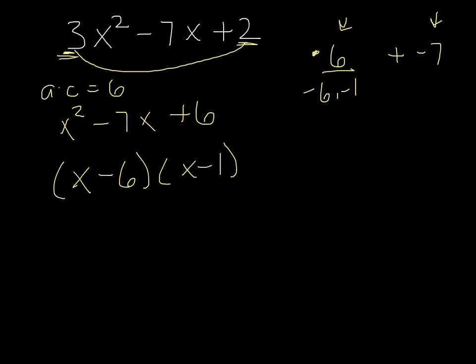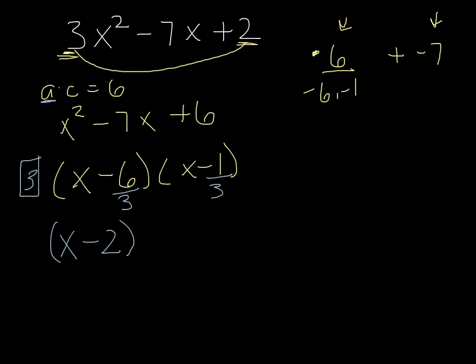Now you have to bring back that a, this 3 right here. I usually put it into the box to the left, because in order to bring it back, once you factor, you divide each term by that number. Now if it divides out, like this one, I have x minus 2, because 6 divided by 3 is equal to 2.